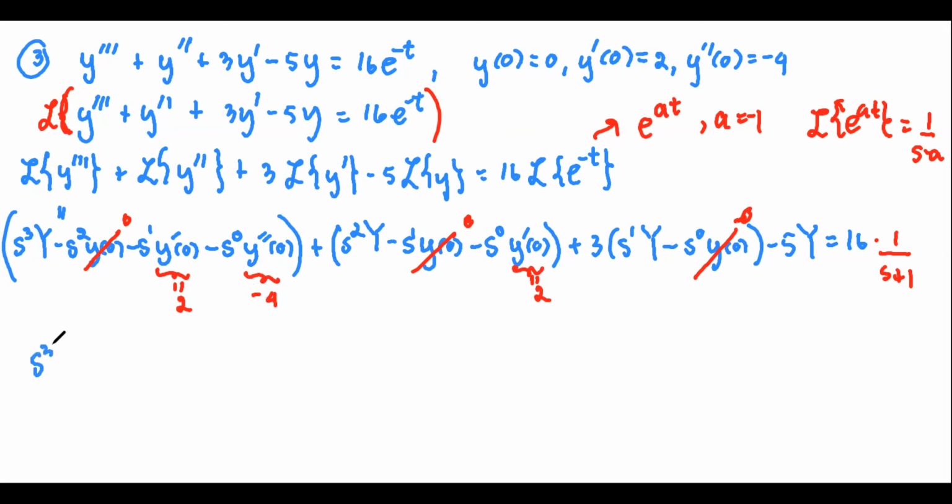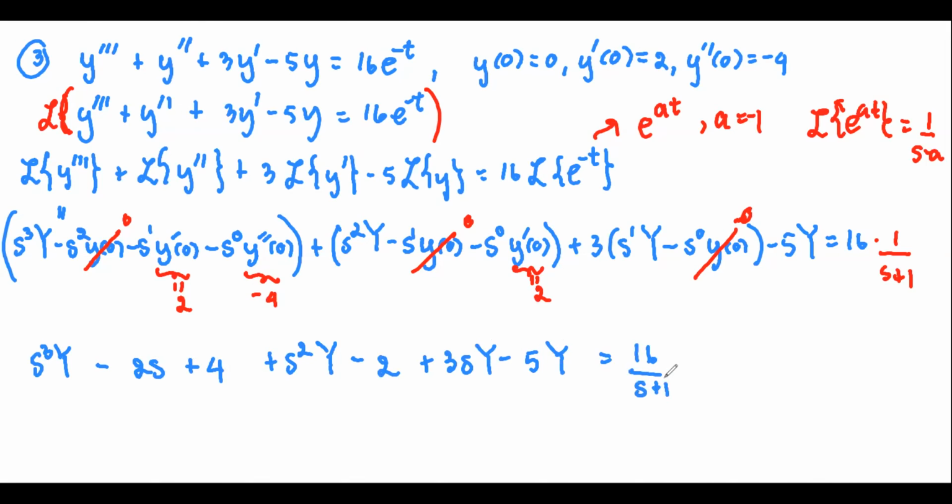We have s to the third times capital Y minus 2s. This is negative, negative, positive 4, plus s squared, capital Y, minus 2, plus 3s, capital Y, minus 5, capital Y, equals 16 over s plus 1.